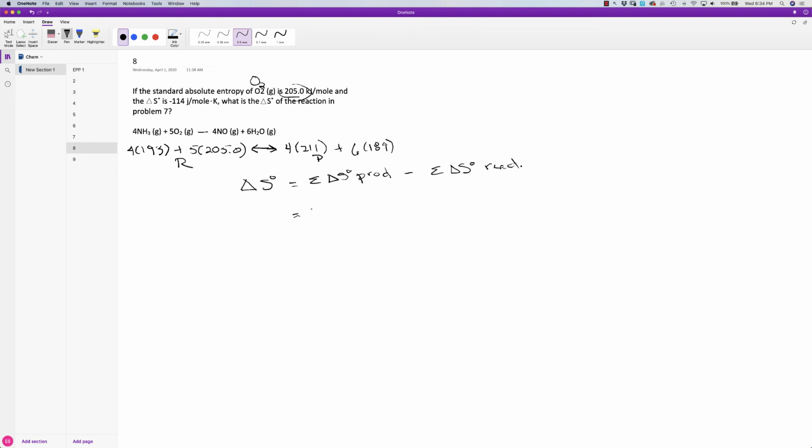So now we have 4 times 211 plus 6 at 189, minus 4 at 193, plus 5, this is the oxygen they gave us, 205.0.